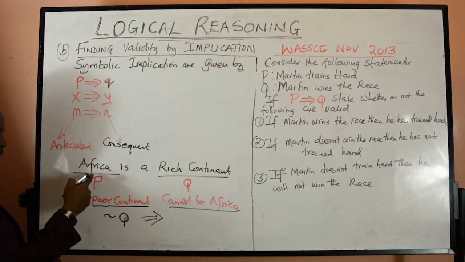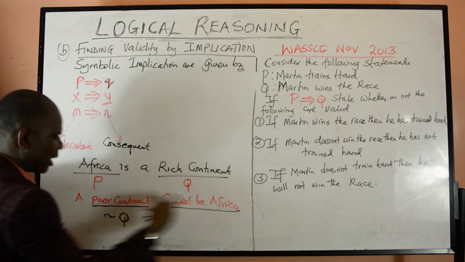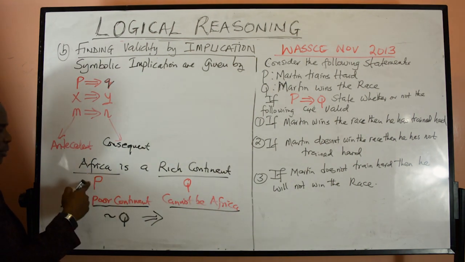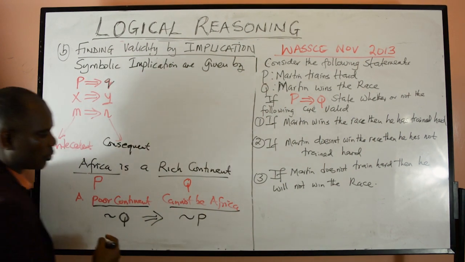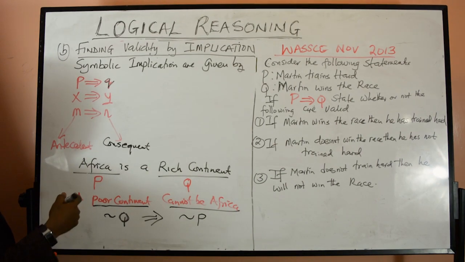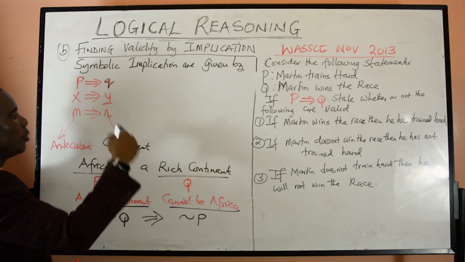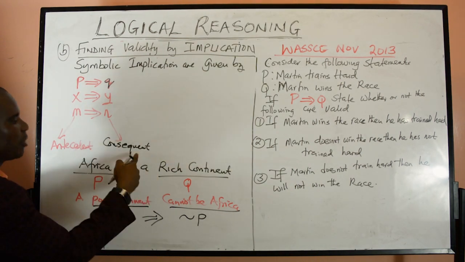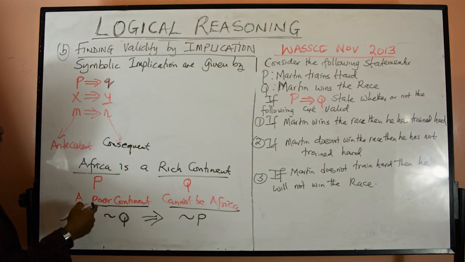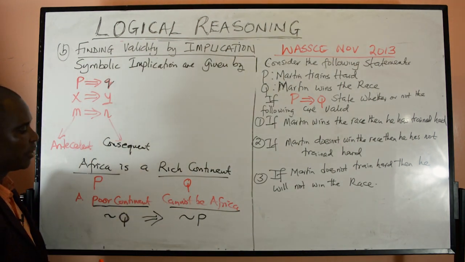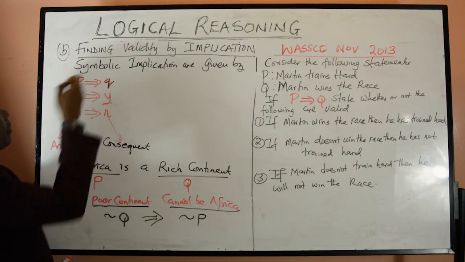It's the opposite of Africa, so this becomes negate P. So this statement is the same as the original, and it is valid, and its validity is based on the fact that when you negate the consequence and imply the negate of the antecedent, the validity of the statement comes out. So this is the only valid submission from an implication.